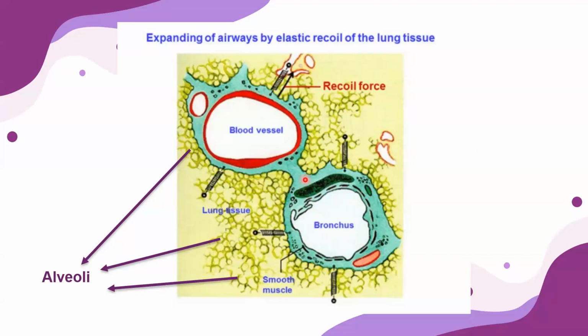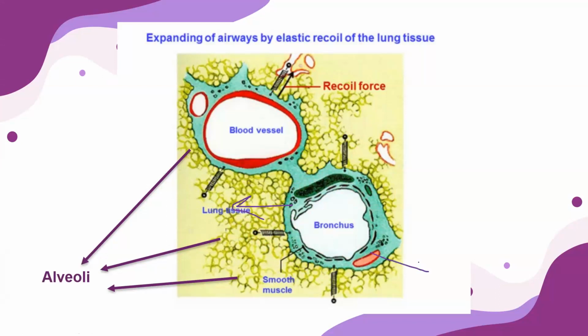Now, these alveoli, because they're surrounding the bronchi, okay, when they are basically closing in on themselves, they start to pull on the wall of basically this bronchi. So you can see basically these springs kind of attached to the wall of this bronchi. As the alveoli close in, they start to pull on the wall of this bronchi. And what does that lead to basically?